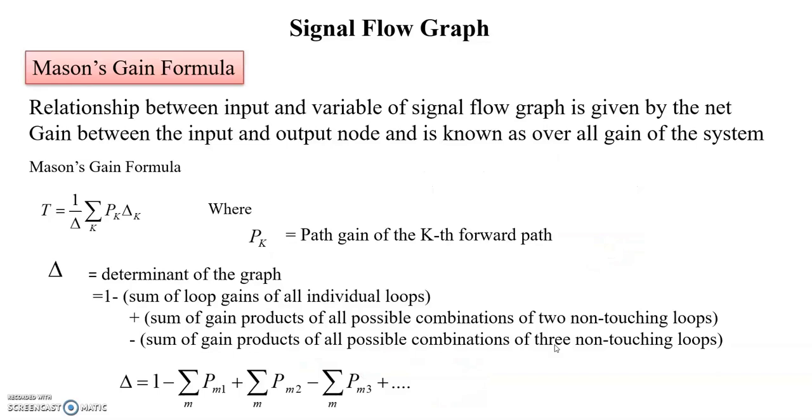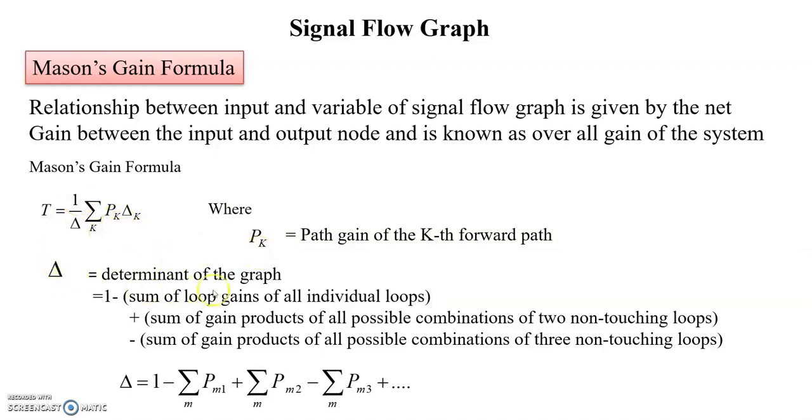So next one is Mason's gain formula. The relationship between the input and output variable of a signal flow graph is given by the net gain between the input and output node, and it is known as the overall gain of the system. Mason's gain formula is T is equal to 1 by delta summation k Pk delta k, where Pk is the path gain of the kth forward path.